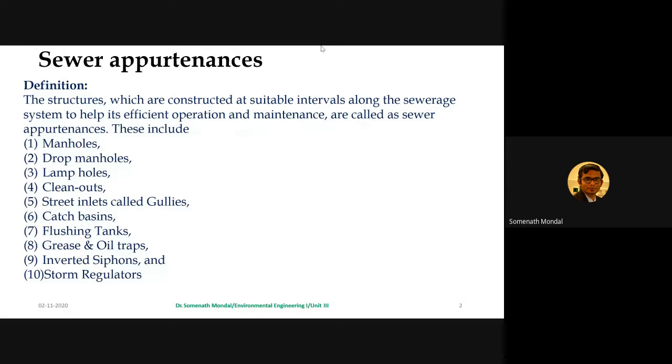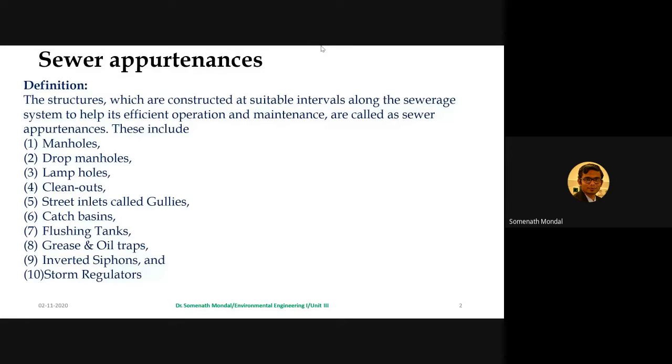And if I have to enlist appurtenances, the first and foremost one is obviously the manhole. I have already mentioned manholes in the previous sections. Next are drop manholes. Next are lamp holes. Fine. Next are cleanouts, street inlets called gullies, then catch basins, flushing tanks, grease and oil traps, inverted siphons, and storm regulators.